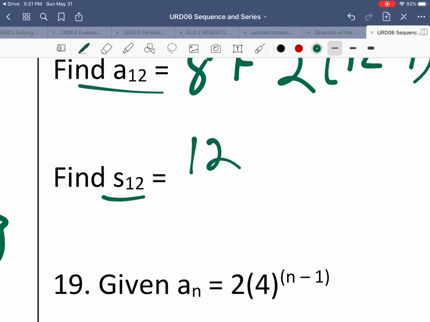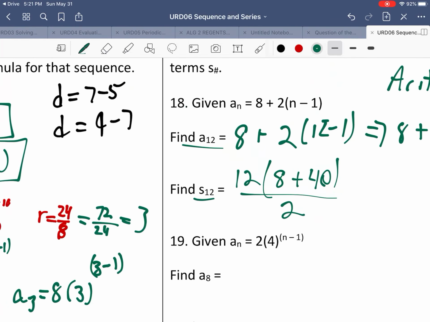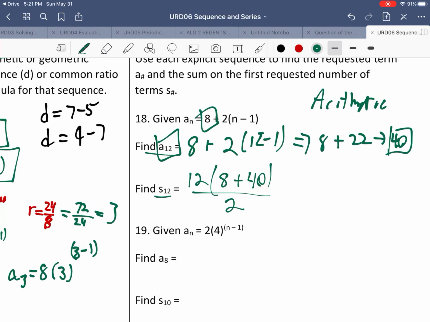So in this case, we're going to be doing 12 terms. The first term is 8, and the last term is 40. And we're going to divide this by 2. We know what the first term is because it's given to us in the formula, but we actually had to calculate the last term.